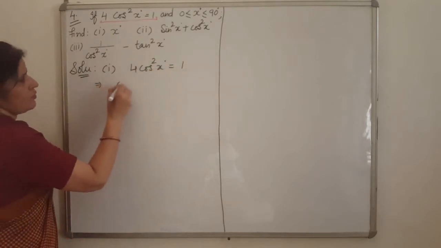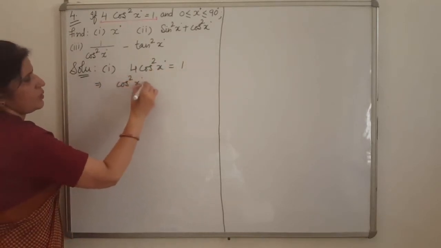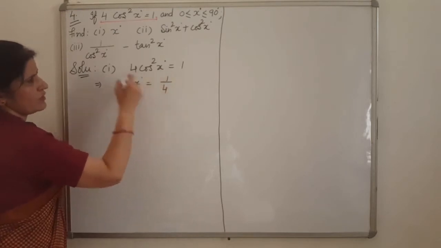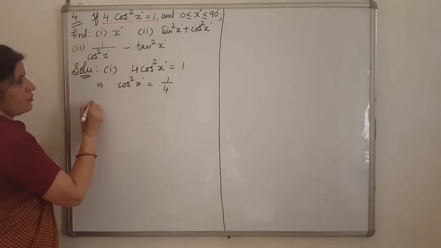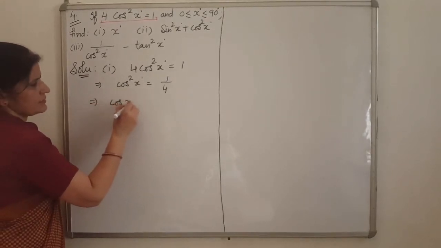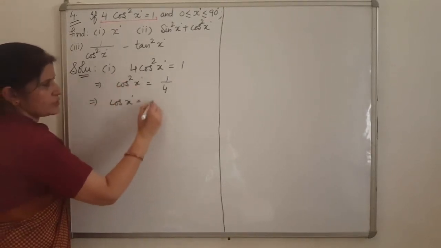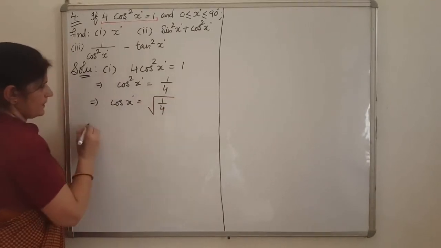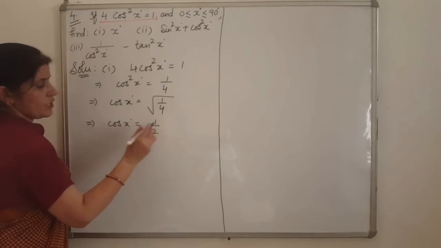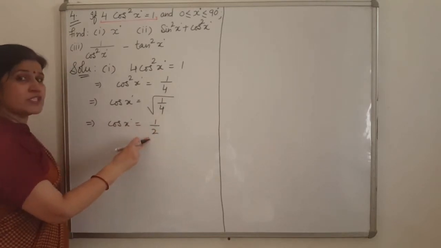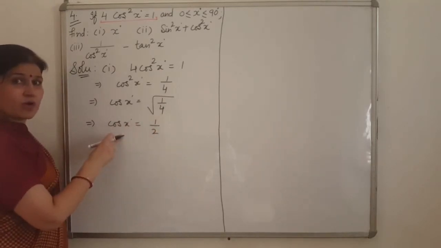So cos square x equals 1 upon 4. This 4 is in product, so it will go into division. Now what is cos x? Square will go into square root. That means cos x equals 1 over 2. Now 1 over 2 is the value of which angle in cos? Cos 60.